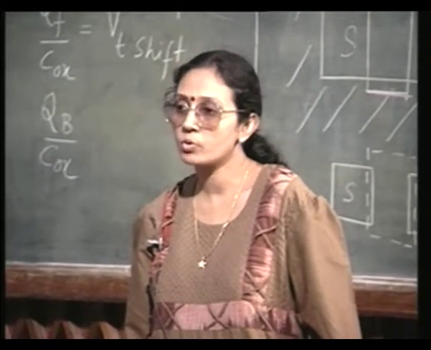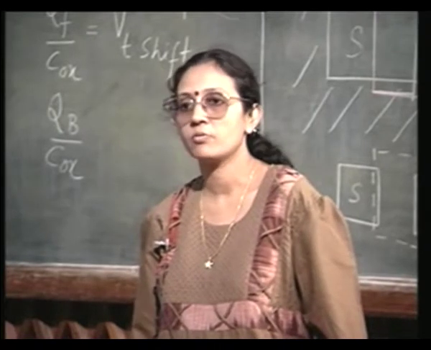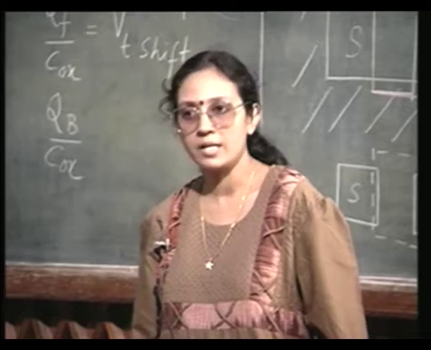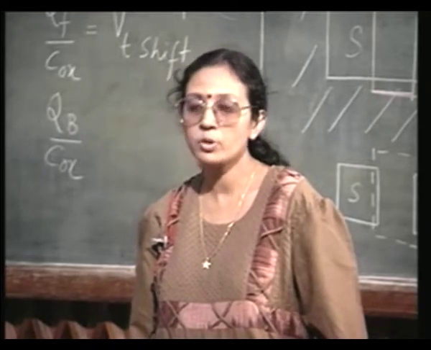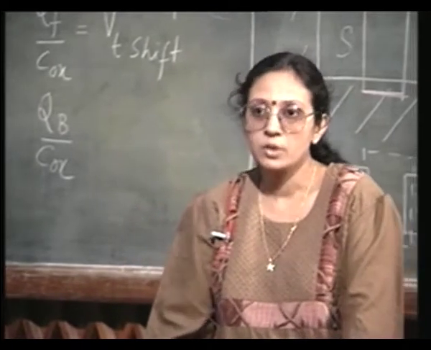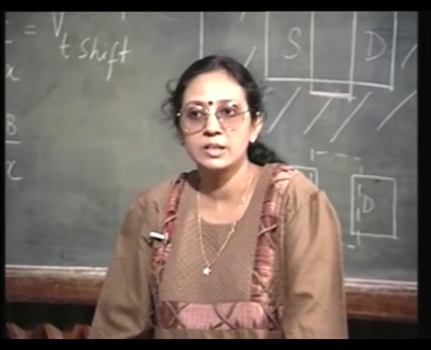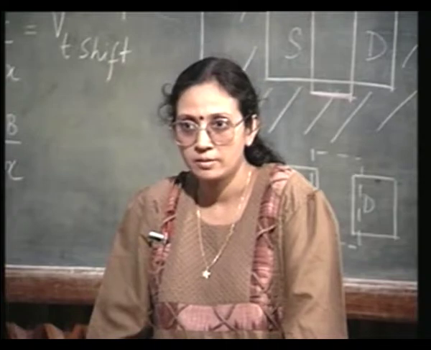Whether you do diffusion or you do ion implantation followed by annealing, for source and drain regions you need high temperature processing. So, if you use aluminum gate, you cannot have source and drain done after the gate patterning.